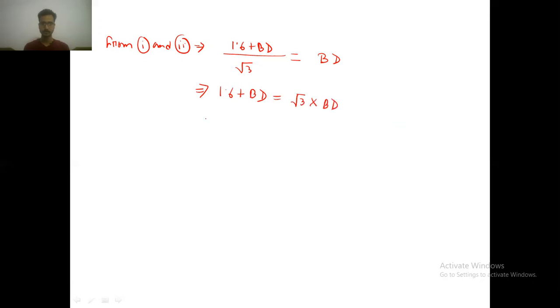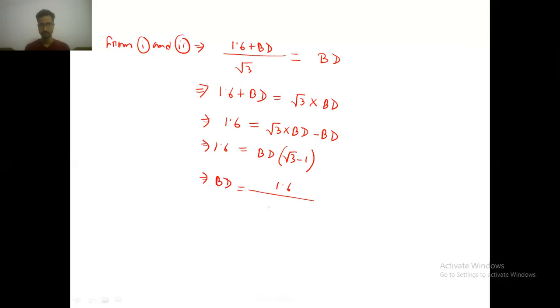Now if you take BD to the right hand side, it will be 1.6 equals root 3 into BD minus BD. Now if you take BD common, it will be root 3 minus 1. Now you need BD, so BD will be equal to 1.6 by root 3 minus 1.